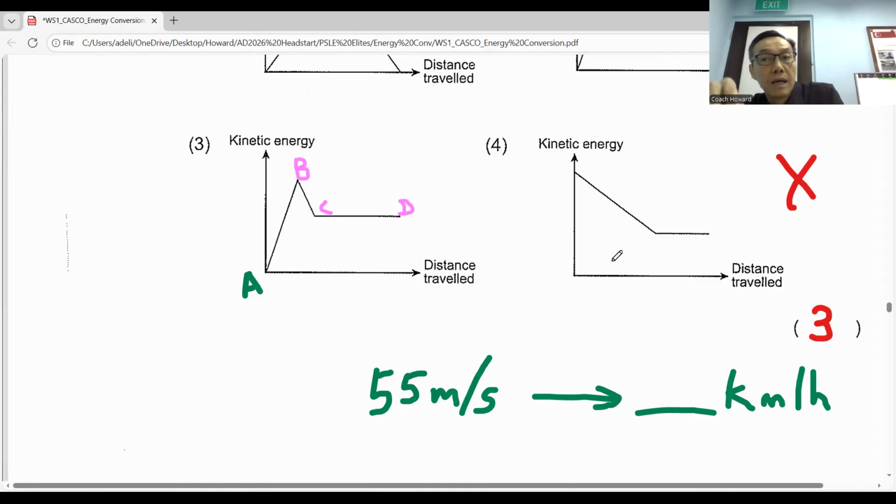You must know that it's B, because when the parachute opens, the kinetic energy drops. That's when it slows down. Let's say this is a certain value, just put a generic value, 88. So this one is at a lower value, maybe here, 77. So you can visualize it drop, and then it stabilized. Stabilized means just now the person is falling down at 5 meters per second.